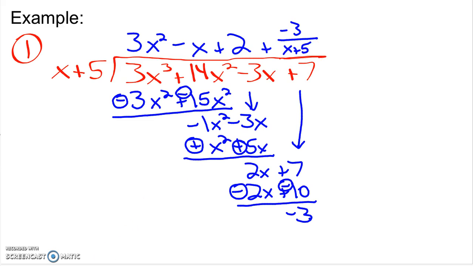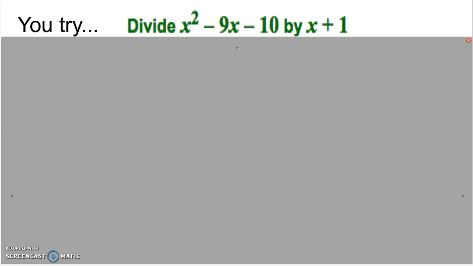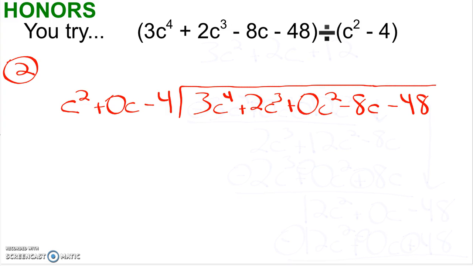We'll keep going. I'm going to skip that one, but if you're in the honors class, I'd like you to try this one and anyone else that would like to challenge themselves. I would like to point out that when this is written, you have c to the fourth, c to the third. We're missing a c squared. And so, like I mentioned earlier in the video, I had to fill in that missing term with a 0c squared.